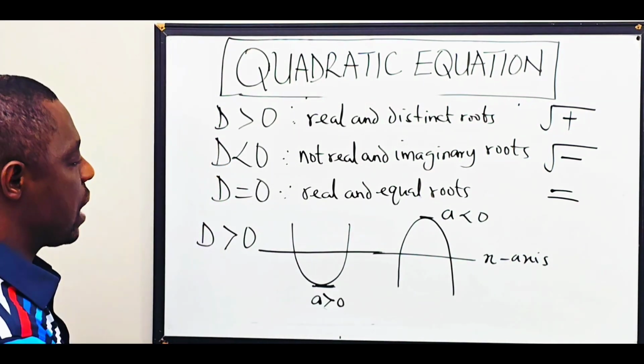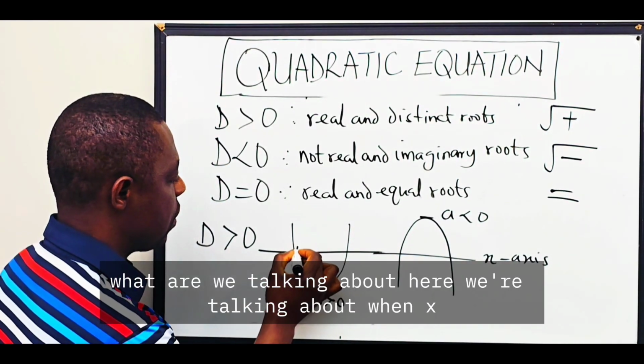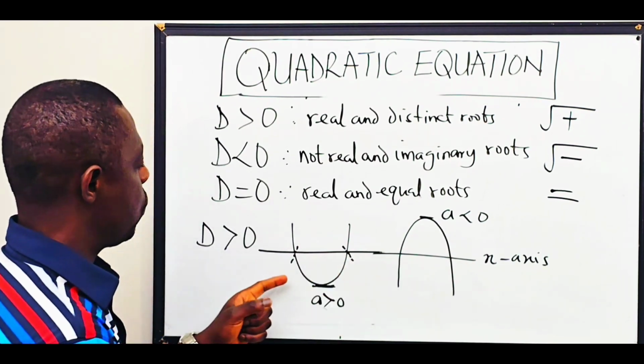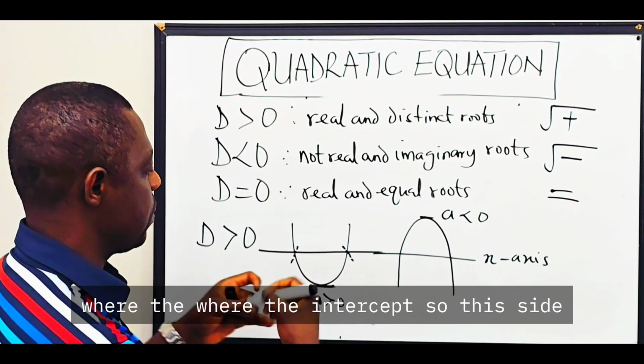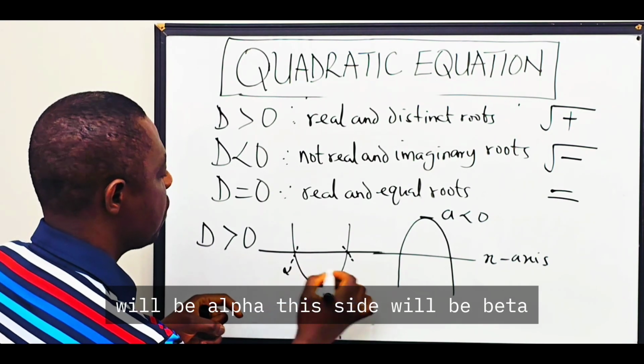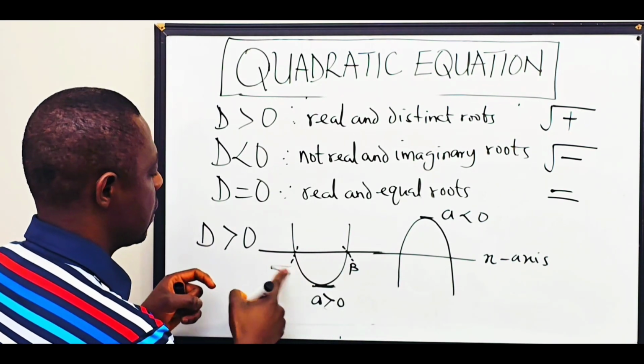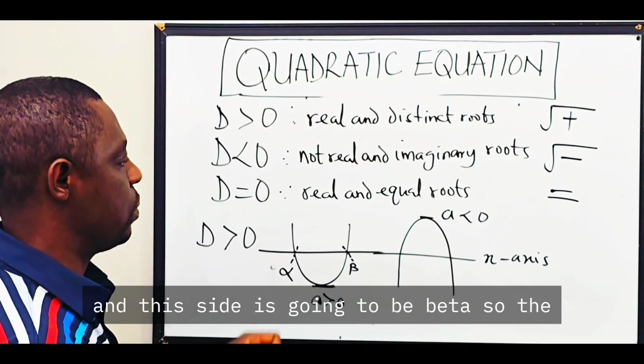What are we talking about here? We're talking about where the graph cuts the x-axis, or where they intersect. So this side will be alpha and this side will be beta.